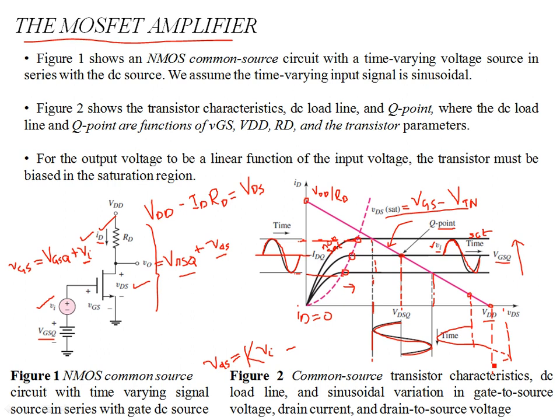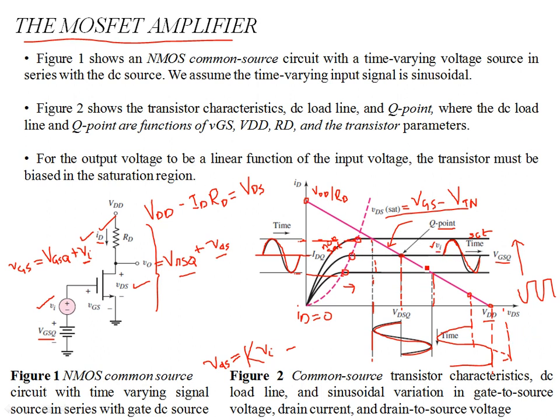At this point the transistor turns off. Then an output signal which looks like this will have undesirable frequency components which are not originally contained in the input signal. So this might contain harmonics.